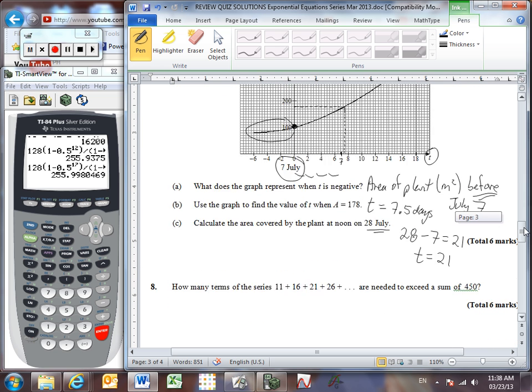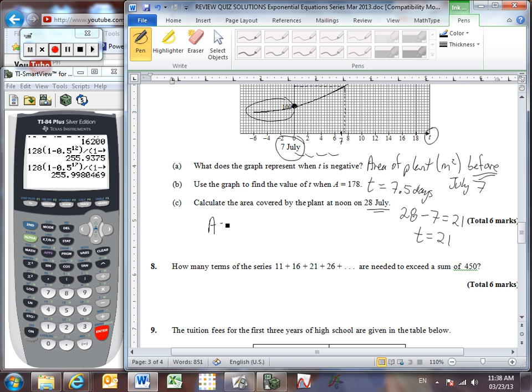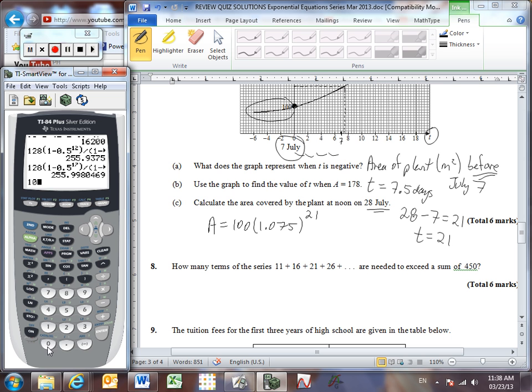But A is equal then to 100 times 1.075 raised to the power of 21 days later. So 100 times 1.075. You'll notice that this is a growth factor because it's larger than 1. If you multiply by any number bigger than 1, it's going to get bigger, isn't it?